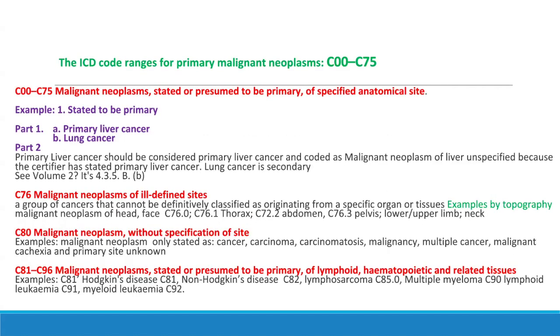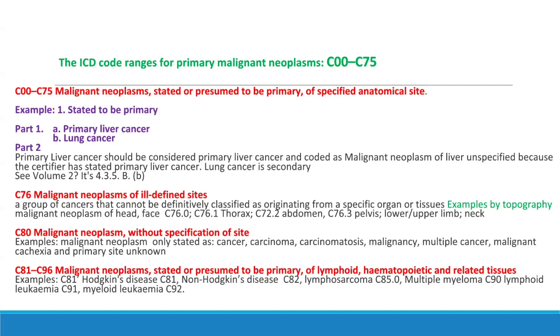This slide outlines the ICD code ranges for primary malignant neoplasms with examples. Codes C00 to C75 encompass malignant neoplasms that are stated or presumed to be primary.